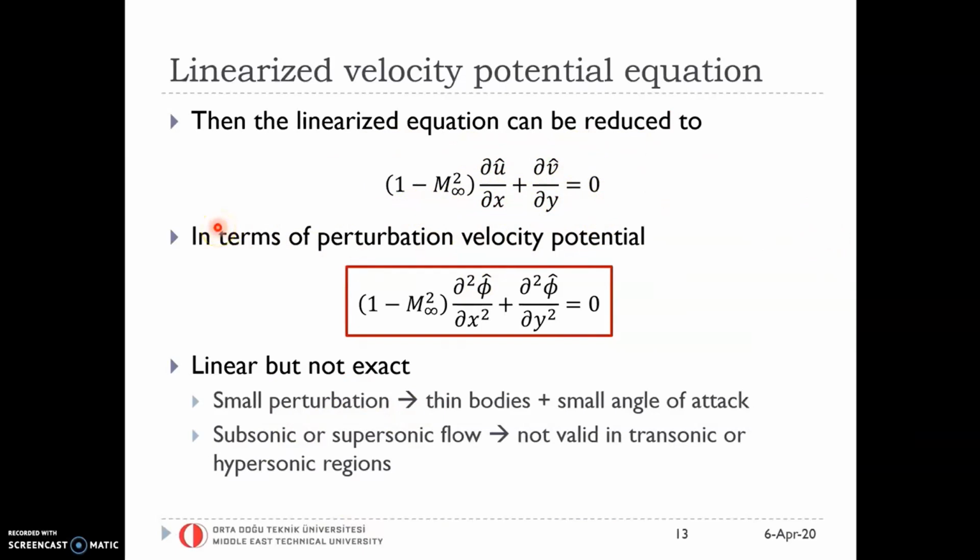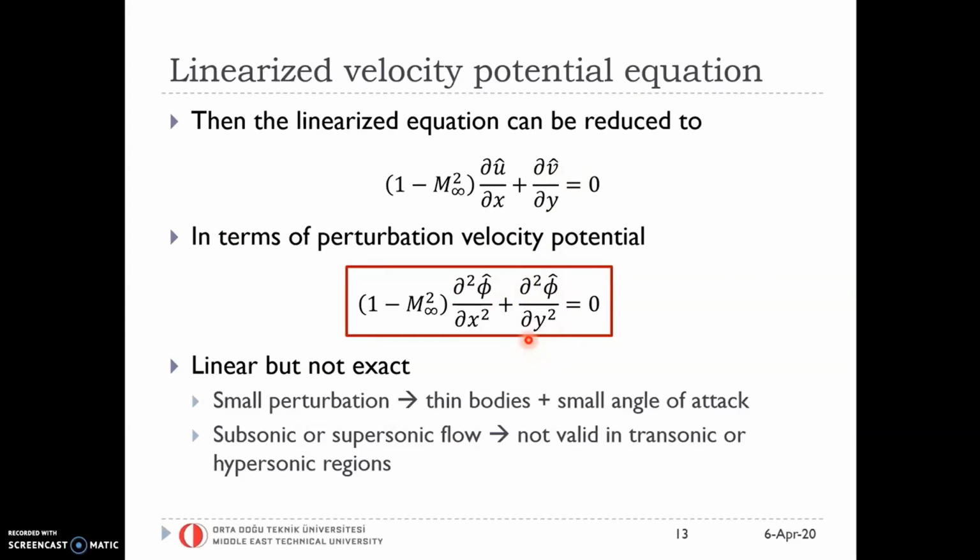So this can be written in terms of perturbation velocity potential. Instead of du hat over dx, we can write d square phi hat over dx square, and likewise for dv hat over dy, we can write d square phi hat over dy square. So this is now linear but not exact.